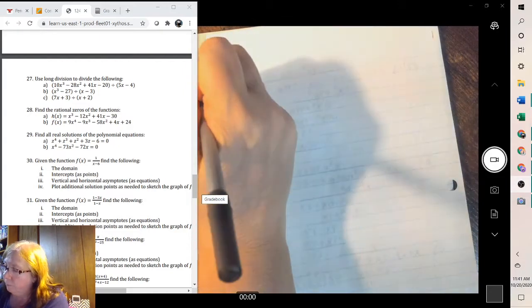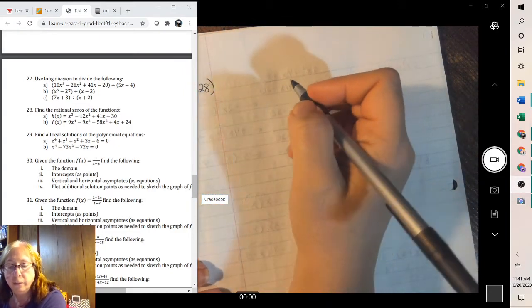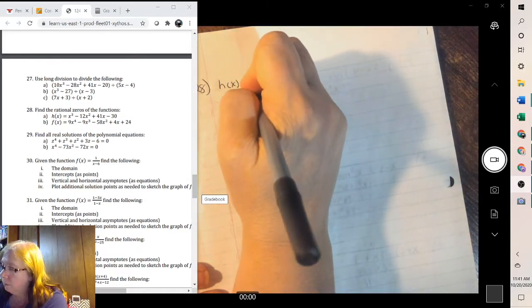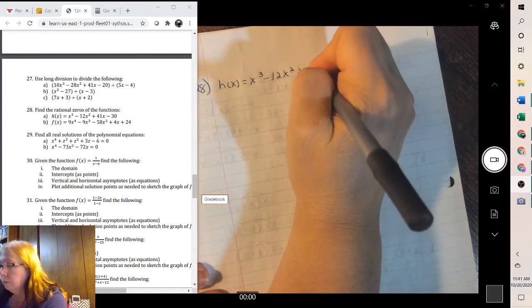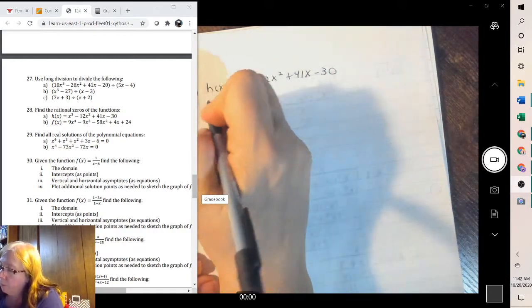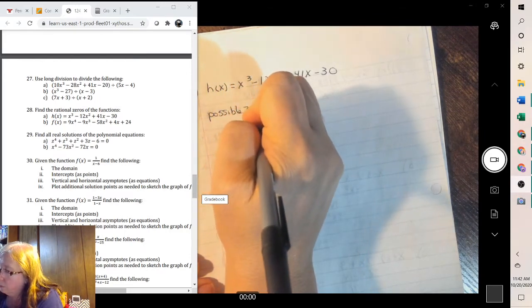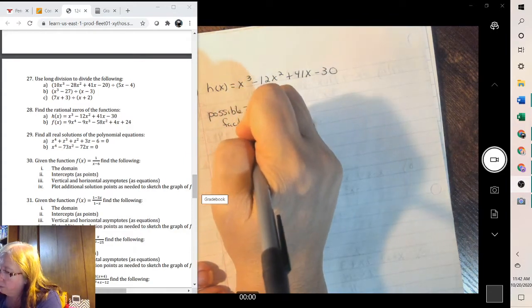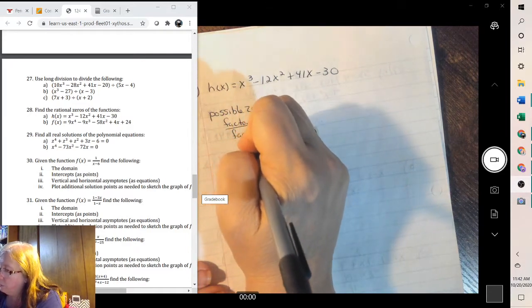28 is finding all rational zeros. So if we have h of x, to find the possible zeros, we take the factors of 30 and divide by the factors of the leading term, which is 1.